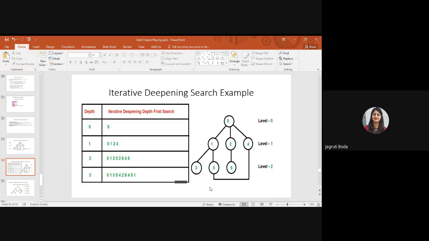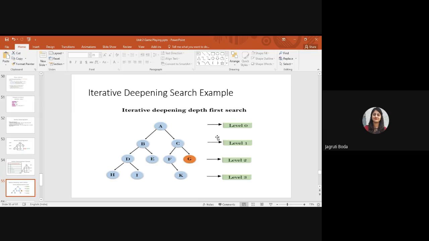Yes, ma'am. Now I give one example. You have to explore the path and give me the final path. Okay. So start this example and give me the path of how you can visit this tree at level number 3.